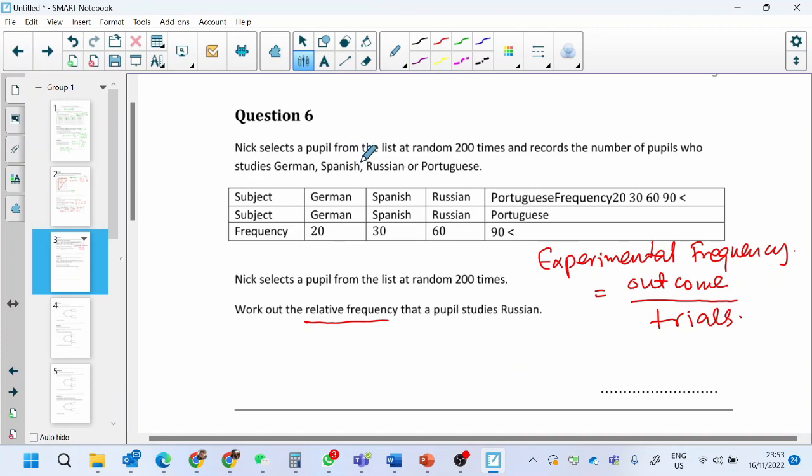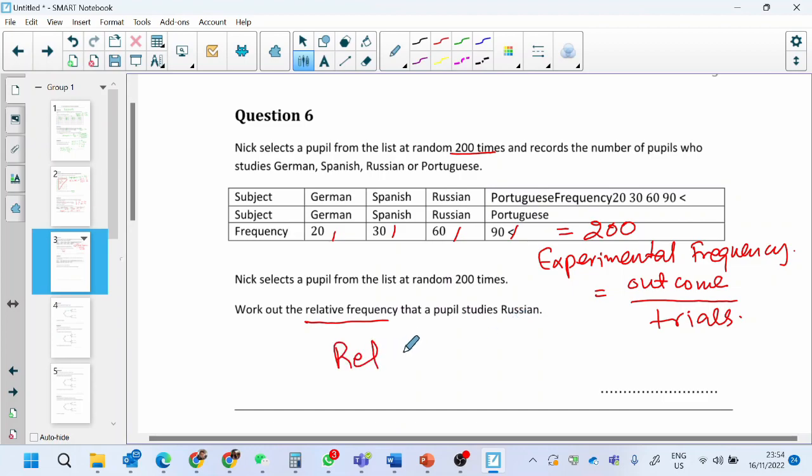Nick selects people from the list of 200 at random 200 times and records the number of pupils who studied German, Spanish, Russian, or Portuguese. And then he finds this: the Germans were 20, Spanish were 30, Russian was 60, and Portuguese were 90. If you add 90 plus 60 plus 30 plus 20, these are the 200 people.